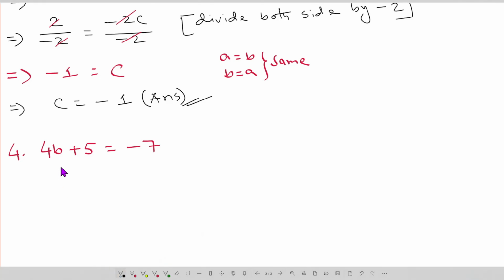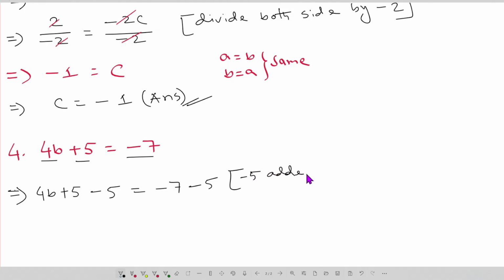Number 4, 4b plus 5 equals minus 7. So this one, 4b plus 5 minus 5 equals minus 7 minus 5. Minus 5 added both sides, right?